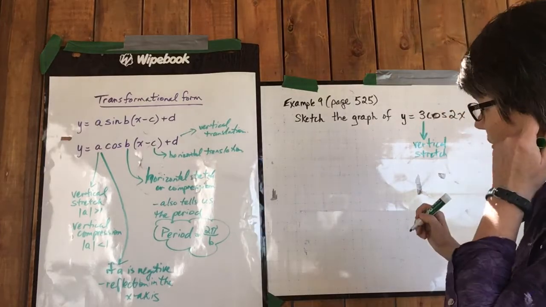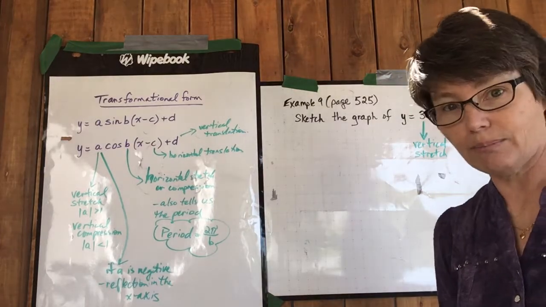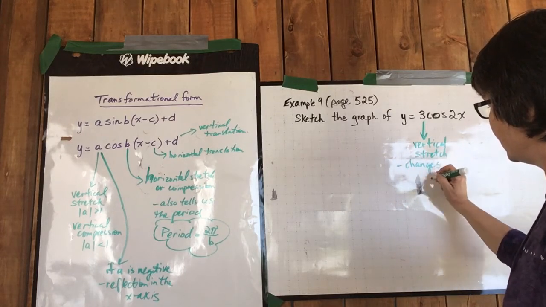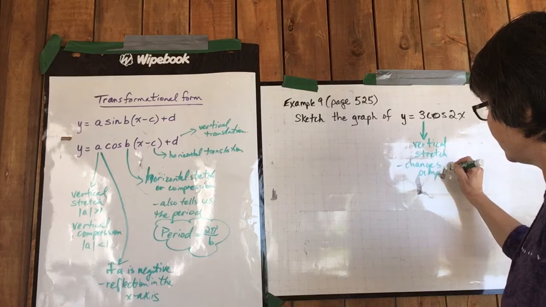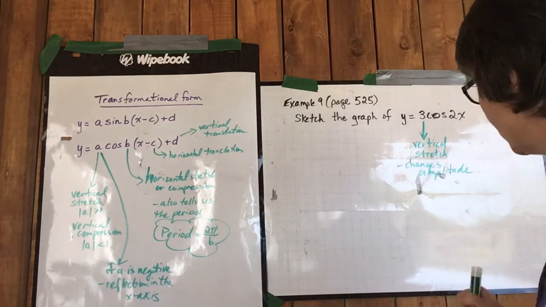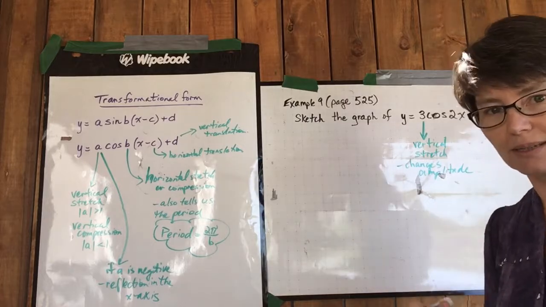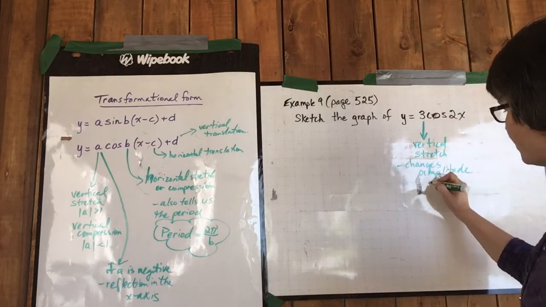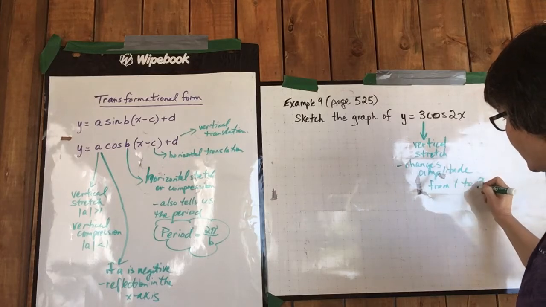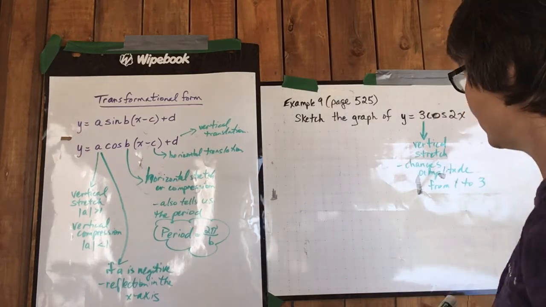It's basically going to change the amplitude. Sorry about those yucky pieces on my flip chart paper again. They're just blemishes that I can't get rid of. It changes the amplitude from 1 to 3. So the amplitude is going to be 3.